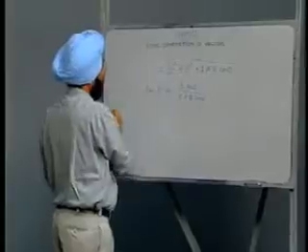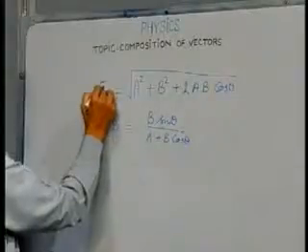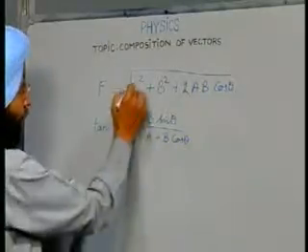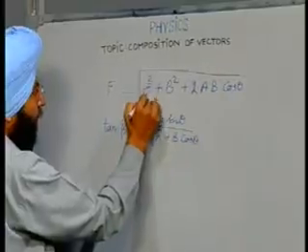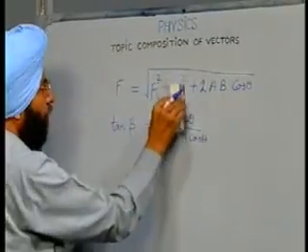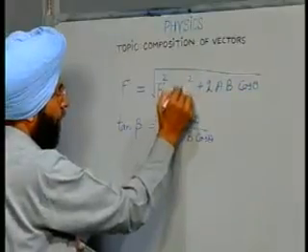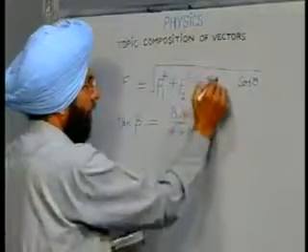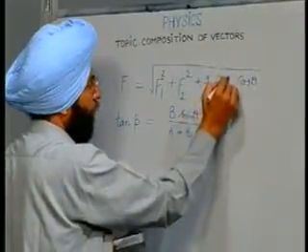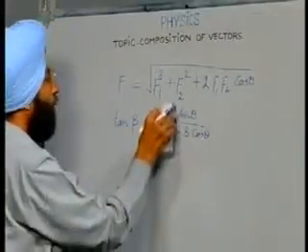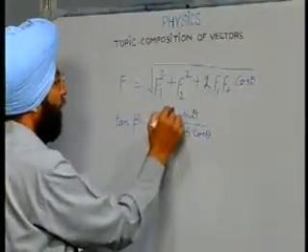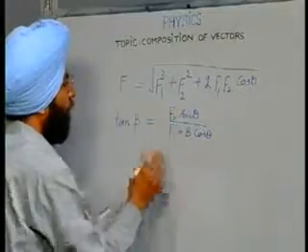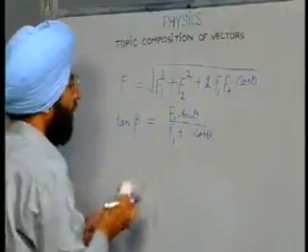If we have two forces, the formula becomes: magnitude of the resultant force F is the square root of F1 square plus F2 square plus 2 F1 F2 cos theta. For A we can write F1, for B we can write F2.